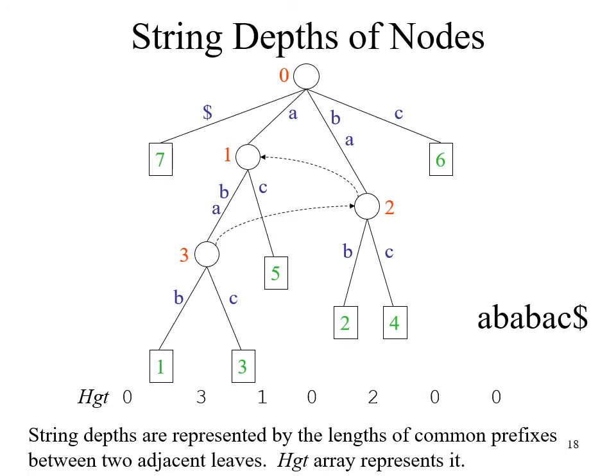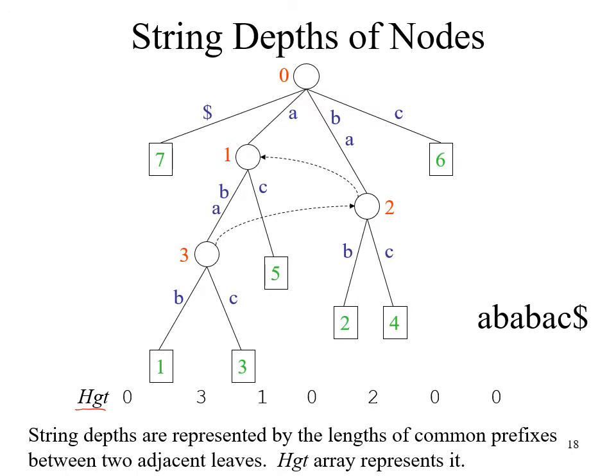Next, how to compress the string depth of nodes. So first, consider this height array. This is an integer array, and this height array stores the length of common prefixes between two adjacent leaves.